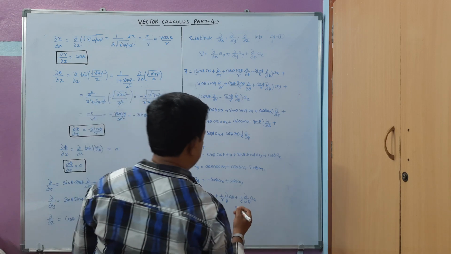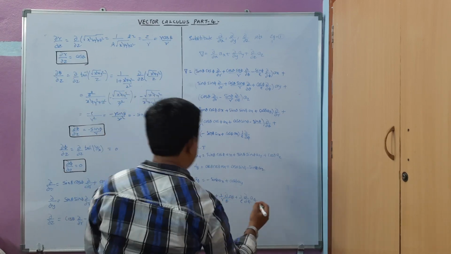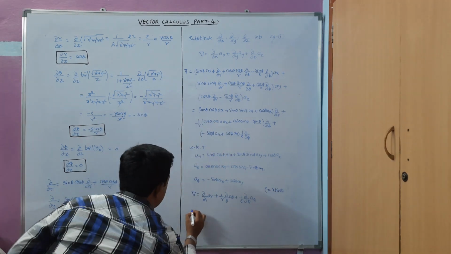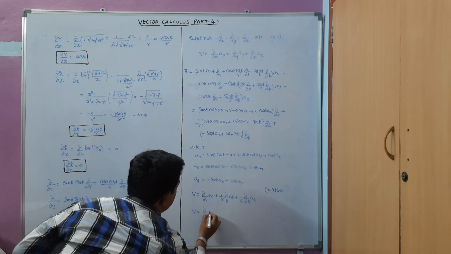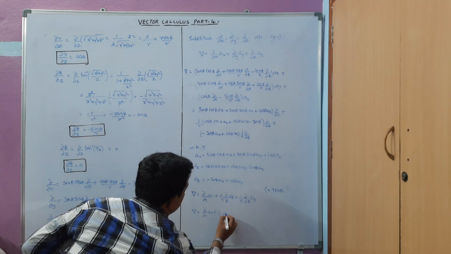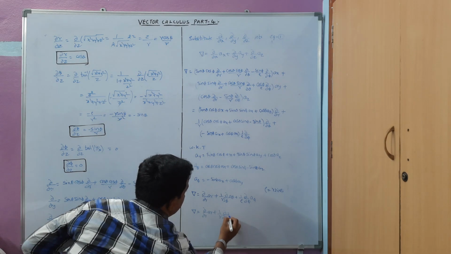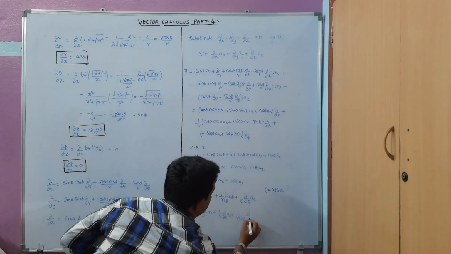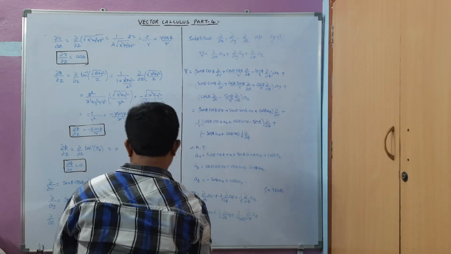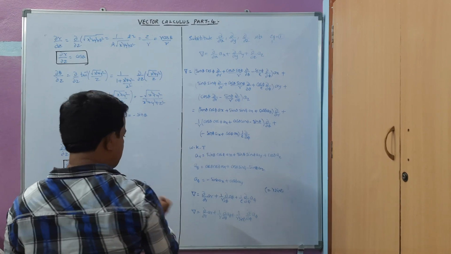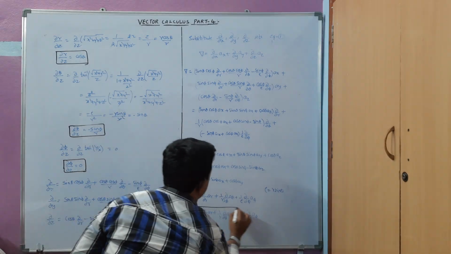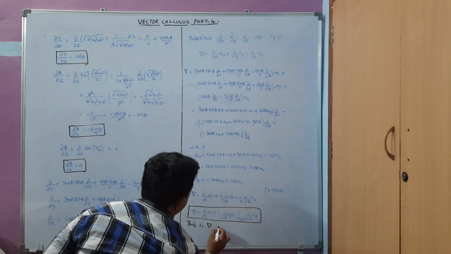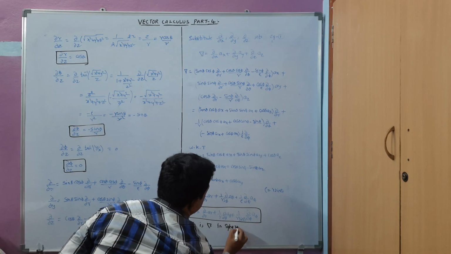We know that rho is equal to r sin theta, so we substitute that here. That is ar dou by dou r plus a theta 1 by r dou by dou theta plus a phi 1 by r sin theta dou by dou phi. So this is the final expression for the del operator in spherical coordinates.